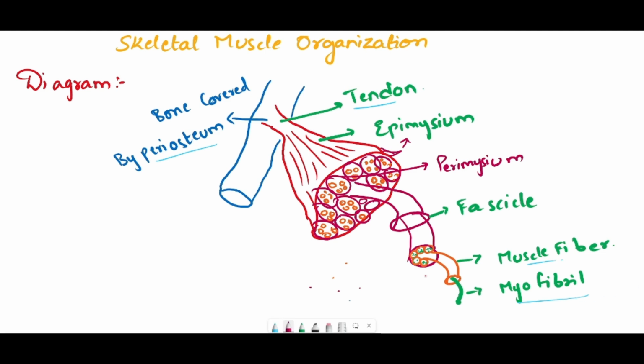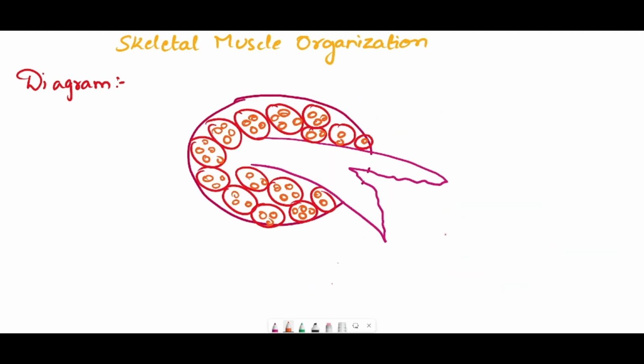Now let's see the parts of the skeletal muscle in a detailed way. Let's try to draw the diagram again.